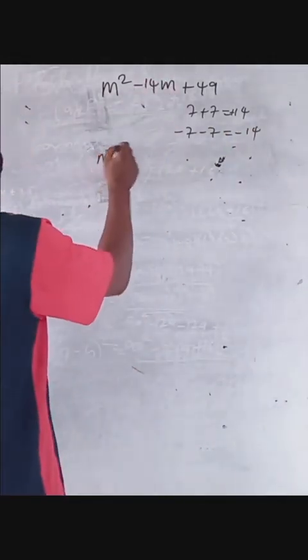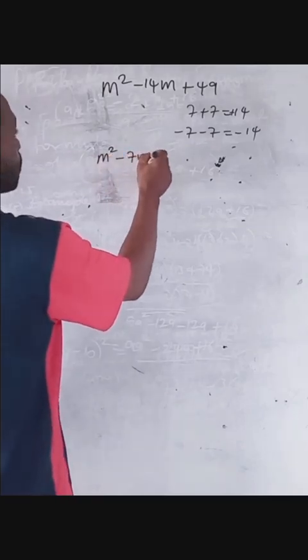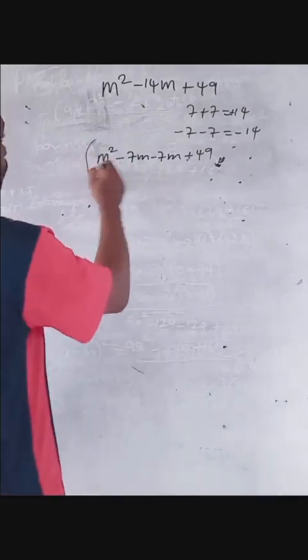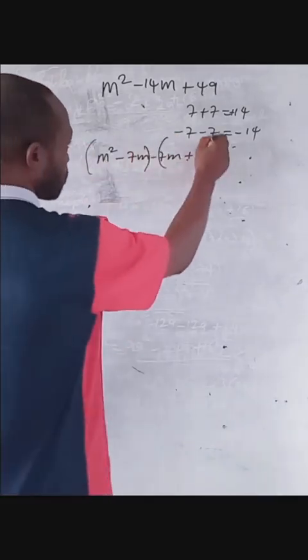So this expression can be rewritten as m squared minus 7m minus 7m plus 49. And this is the same thing as if I group these expressions.